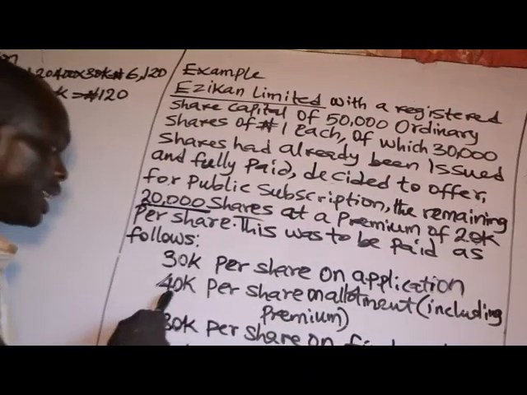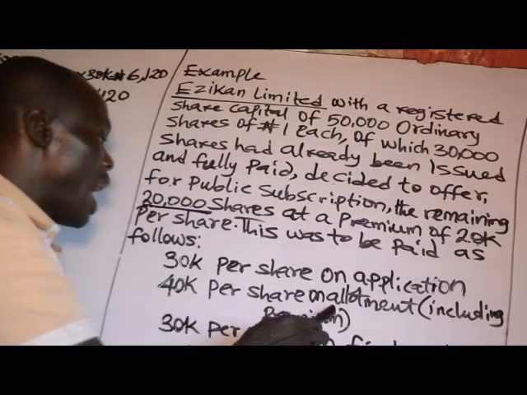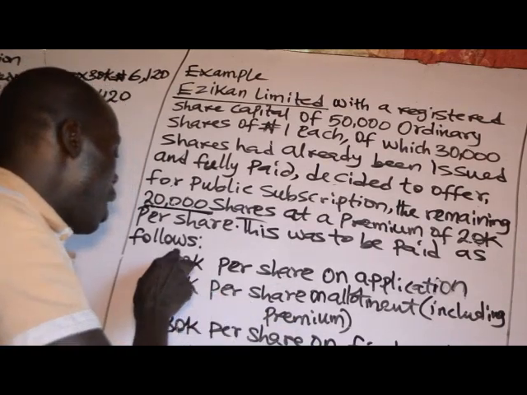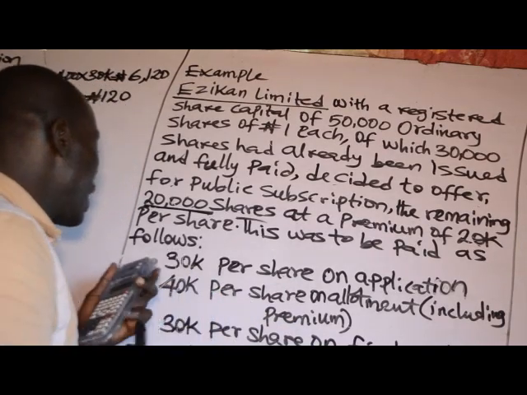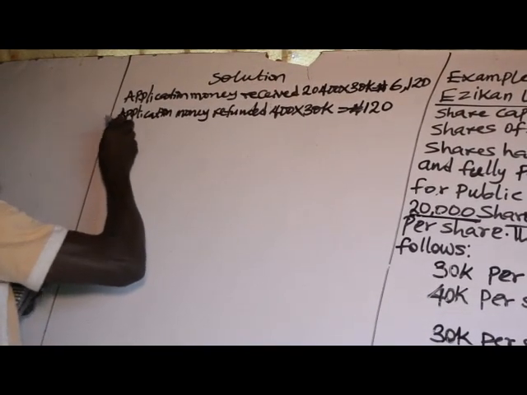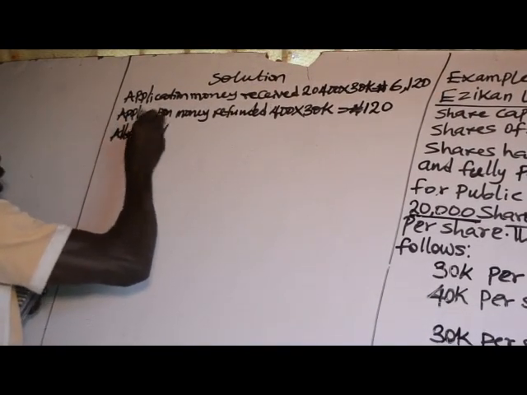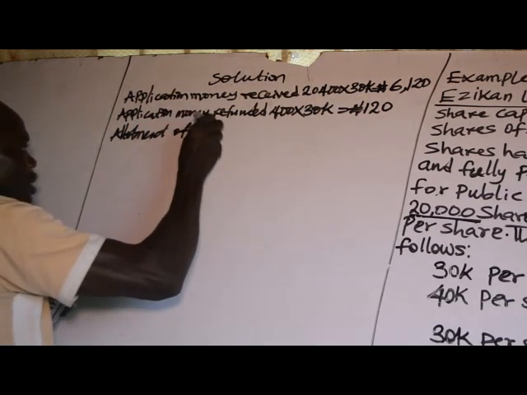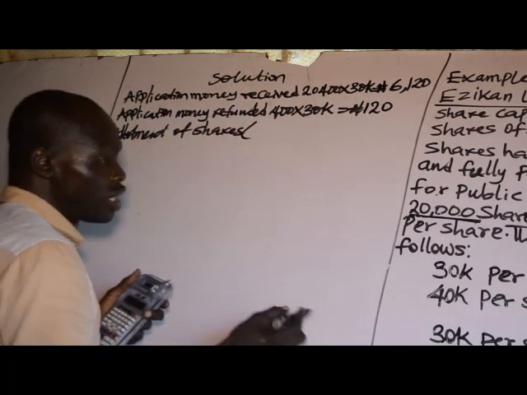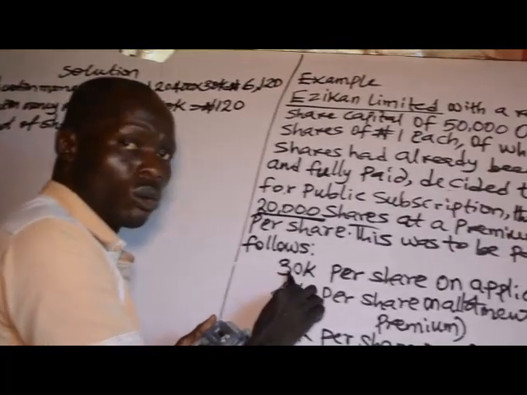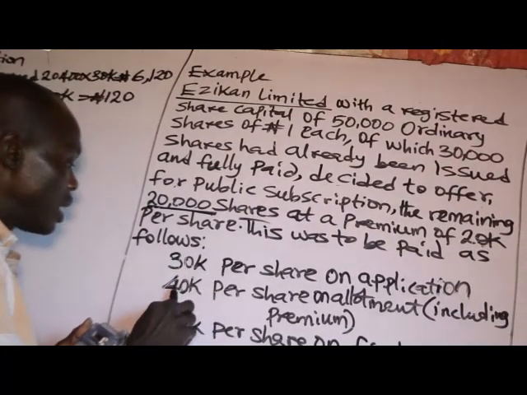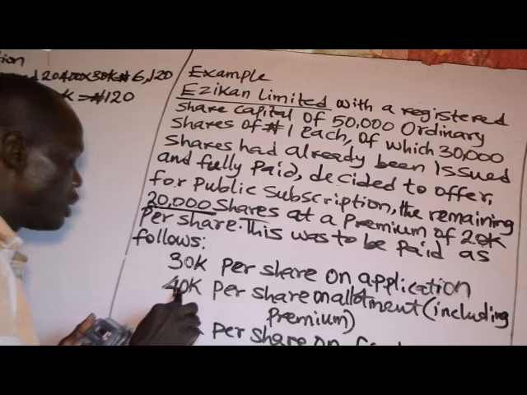Then on allotment of shares. During application, 30 kobo was received, and during allotment, 40 kobo was equally received.